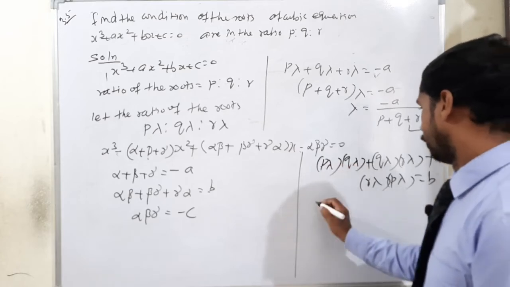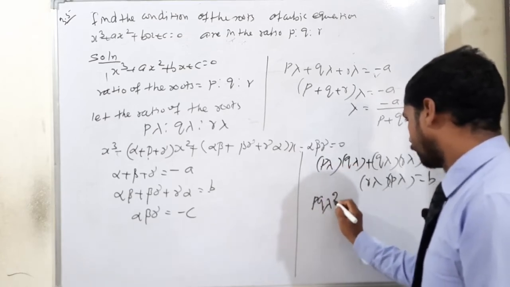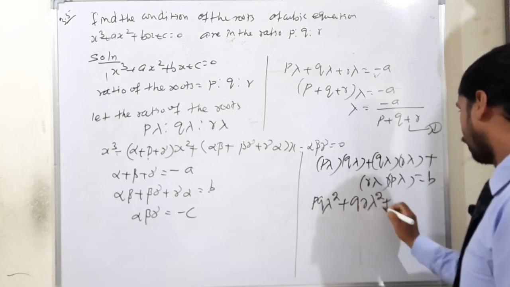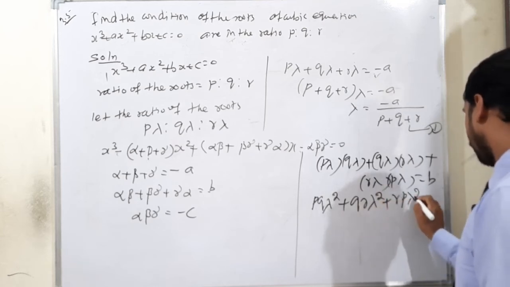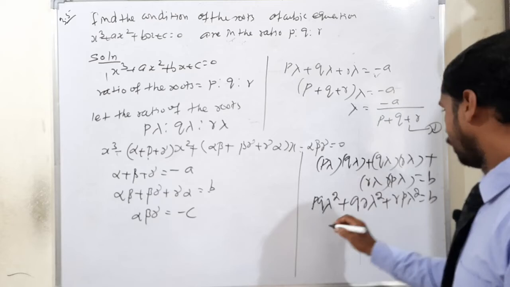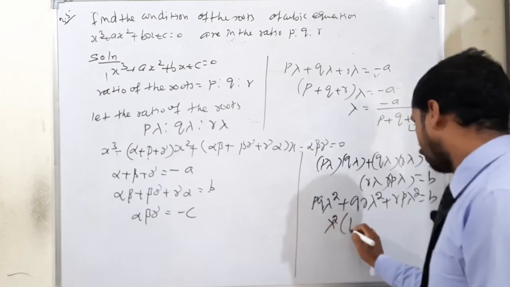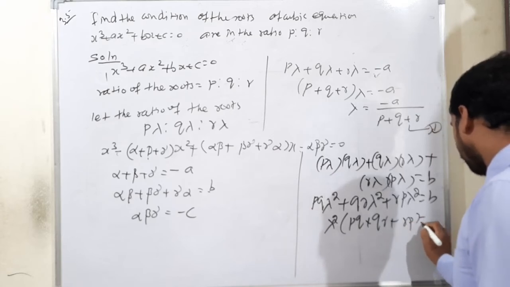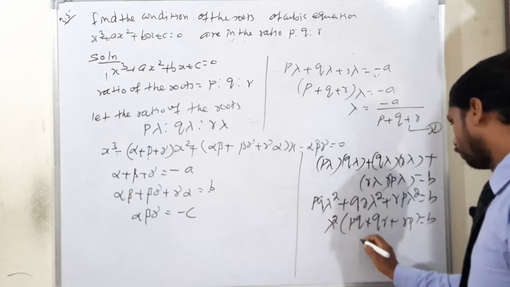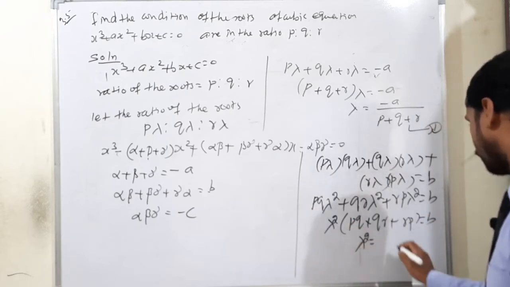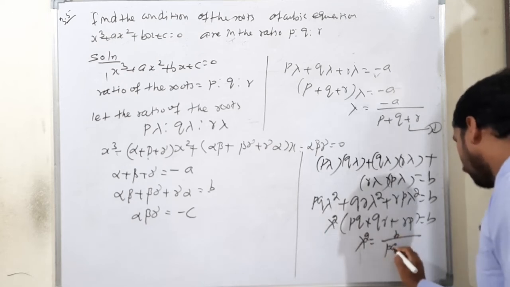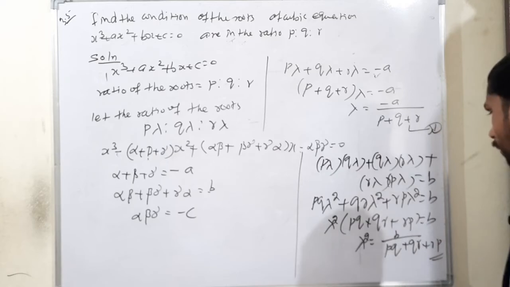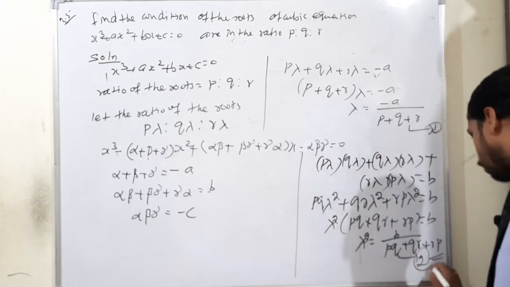Therefore, pq lambda square plus qr lambda square plus rp lambda square is equal to b. Taking lambda square common, lambda square is equal to b divided by pq plus qr plus rp. This is equation number 2.